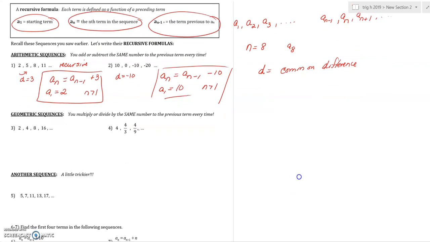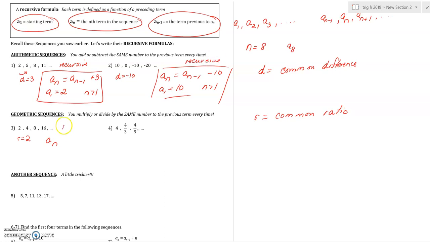Okay, what about geometric? Notice that you're multiplying or dividing by the same number to generate more terms in the sequence. So there is a common ratio for number 3. Let's write that down: r is the common ratio of 2, where you keep multiplying by 2 to generate more terms. These are all recursive on this worksheet.